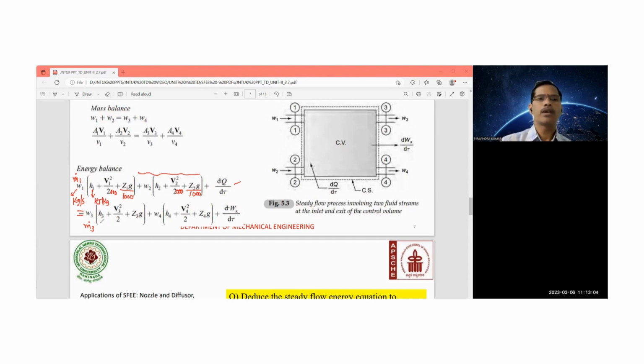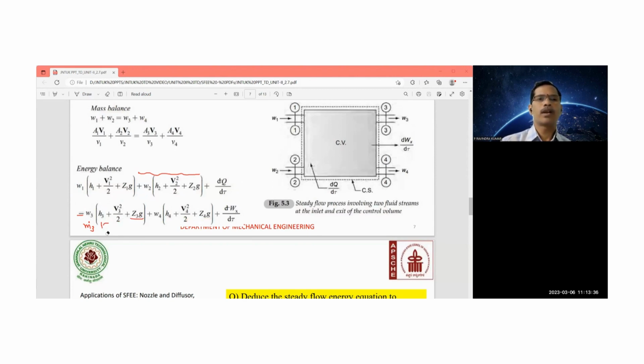So if H3 is in kilojoule per kg, then here V3 by 2000, Z3 by 1000, plus m4 dot H4, which is in kilojoule per kg, plus d bar w by dt. So this is how the steady flow energy equation is represented.